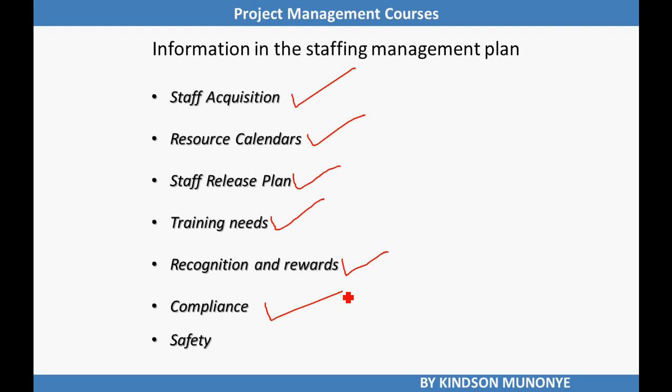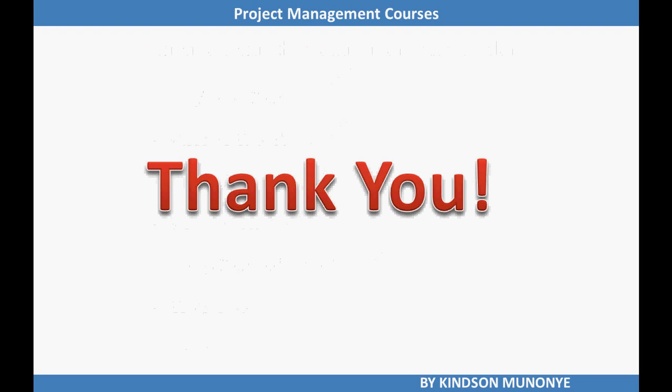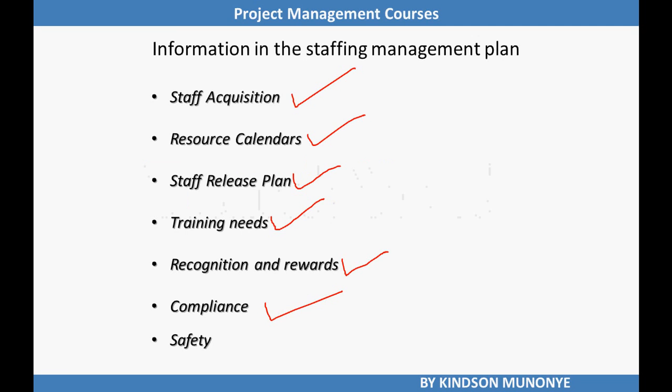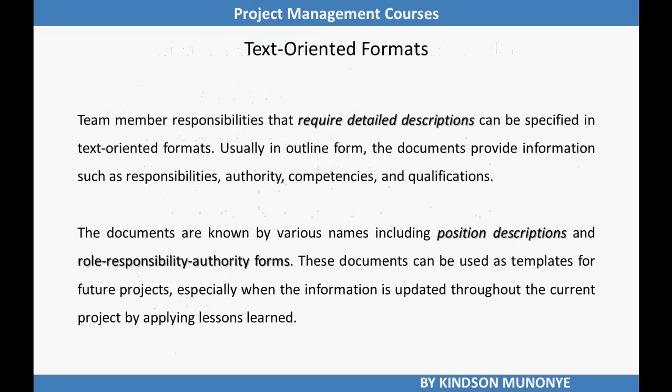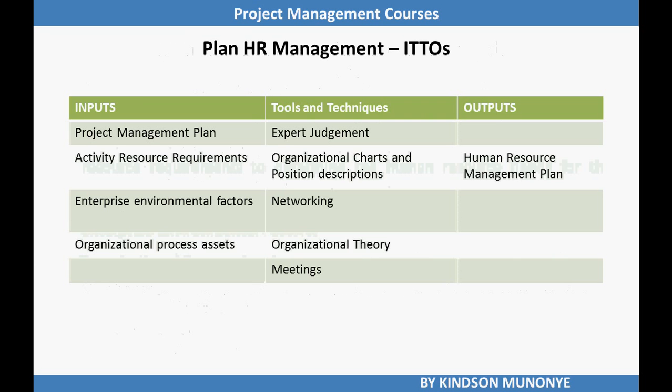This is where we wrap it up on the plan human resource management process under the Project Human Resource Management knowledge area. As usual, I would like to backtrack to the ITTOs so that you have a glimpse and remind yourself of the inputs, tools and techniques, and outputs.